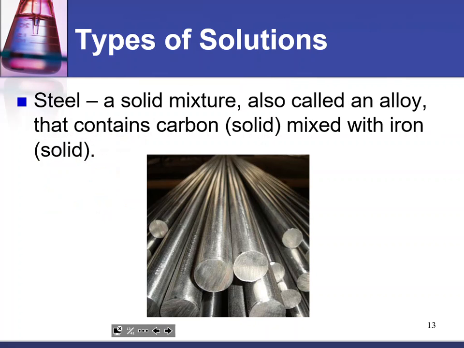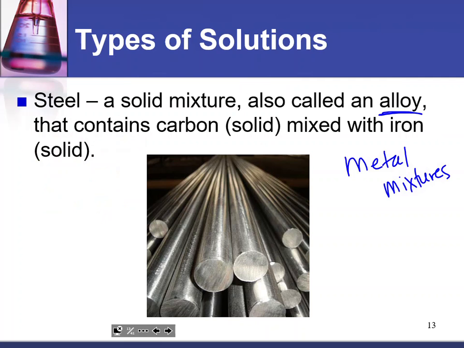All right, next. This is another one that people frequently miss. And we need to make sure that you have the right strategy of being able to identify the alloys. Alloys are metal mixtures, okay? Metal mixtures.